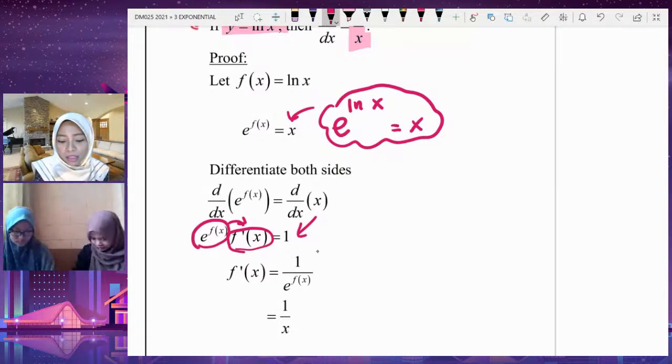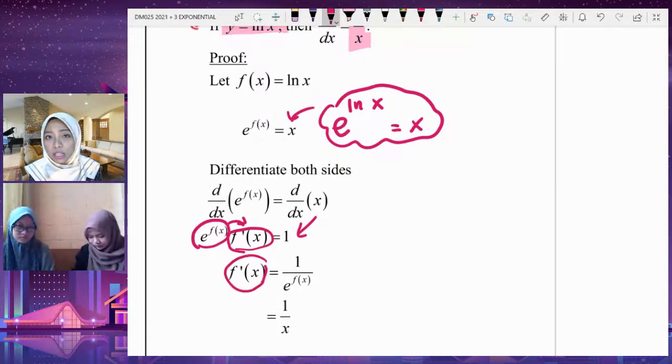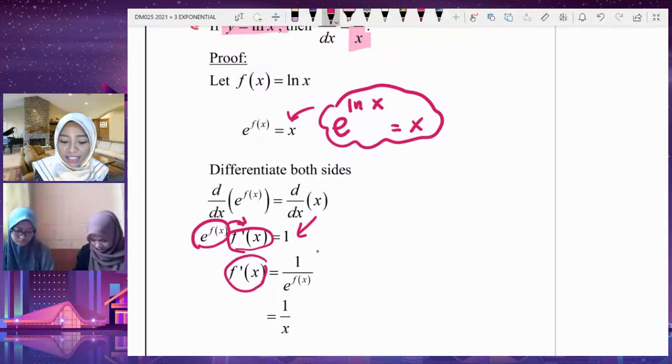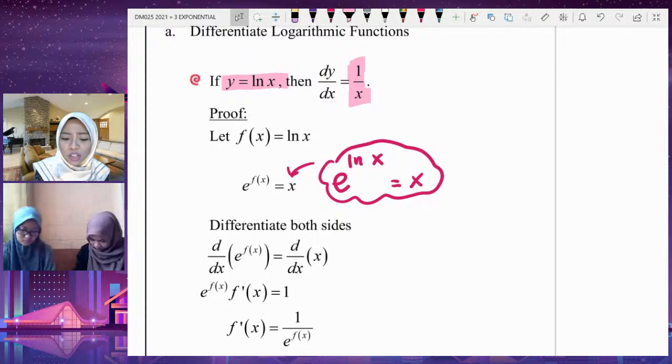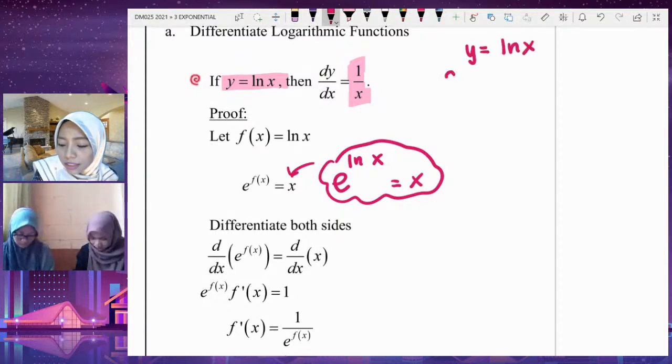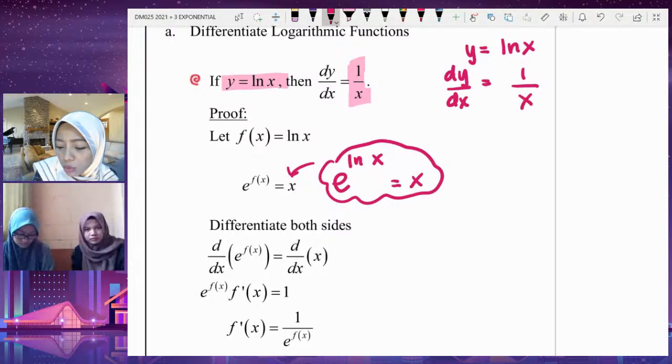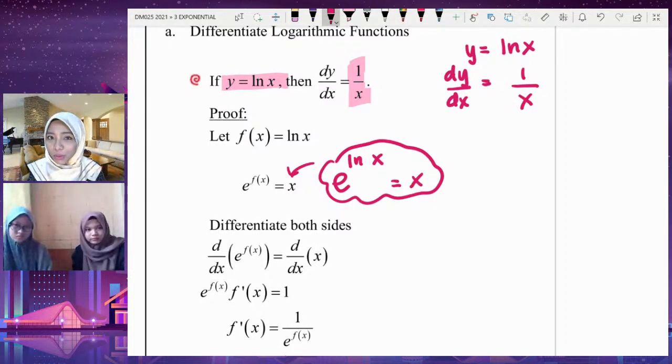Therefore the differentiation of the function is equivalent to 1 over e to the power of f(x), and it will give you 1 over x. Don't worry about this, it's okay as long as you remember that the differentiation of ln x will give you 1 over x.